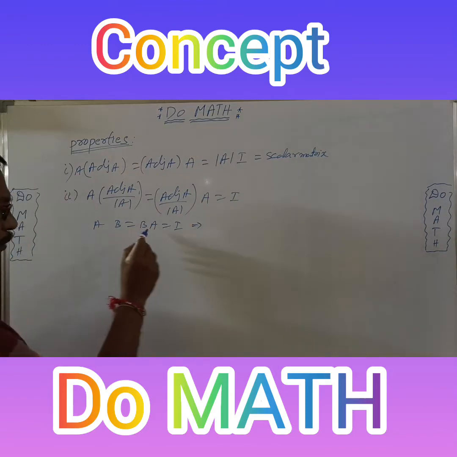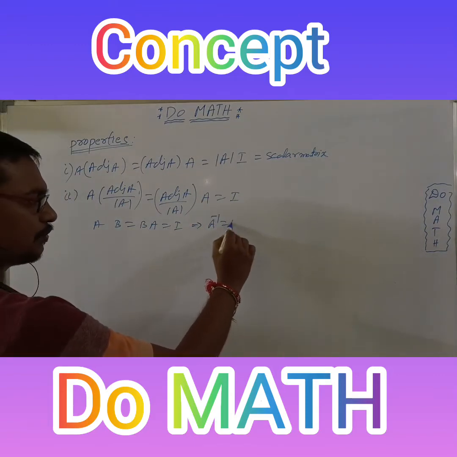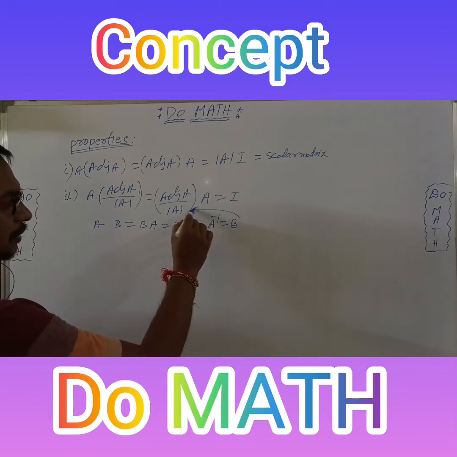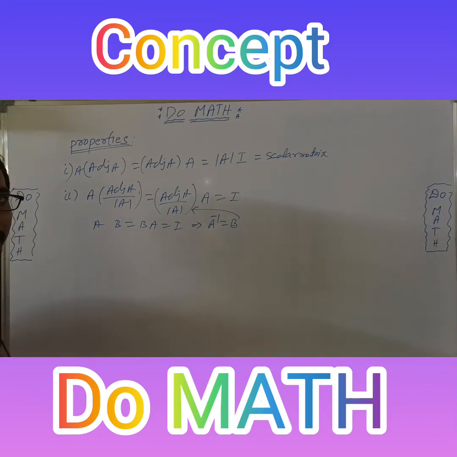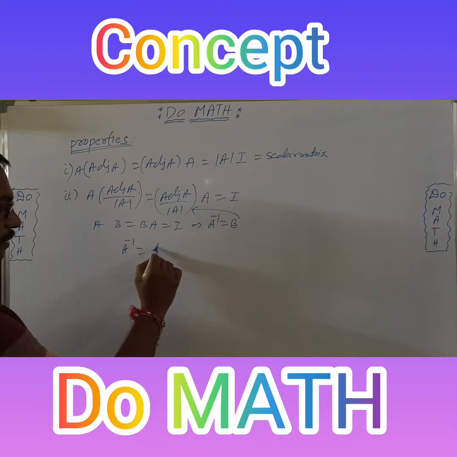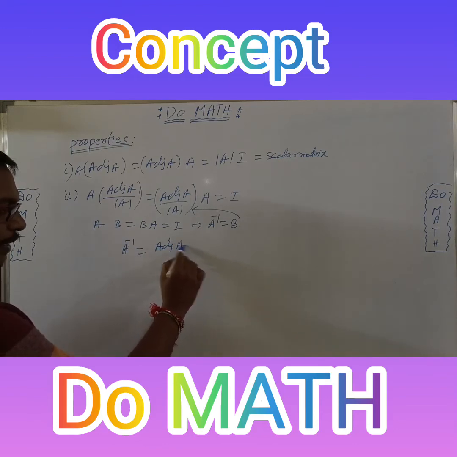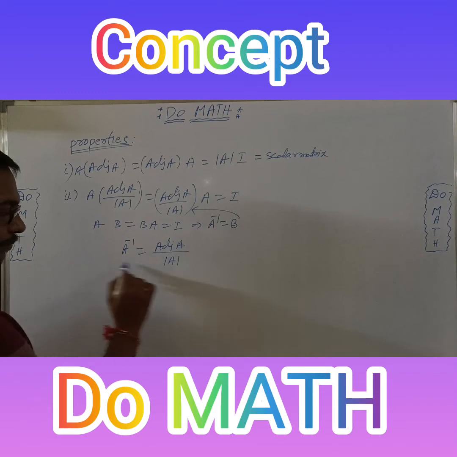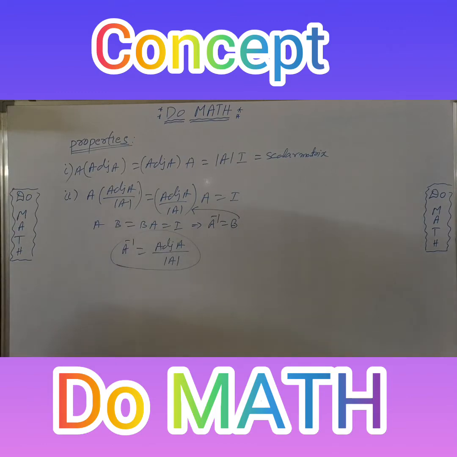When AB equal to BA equal to I, A inverse value is B. What is B here? This one, adjoint A by det A. That means the formula of A inverse is adjoint A by det A.